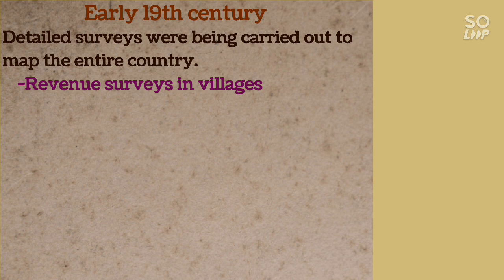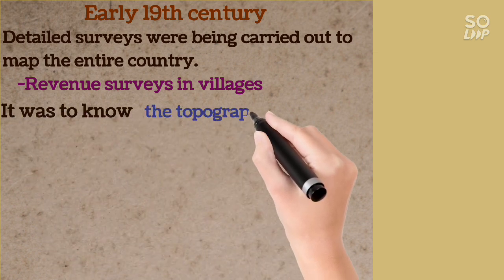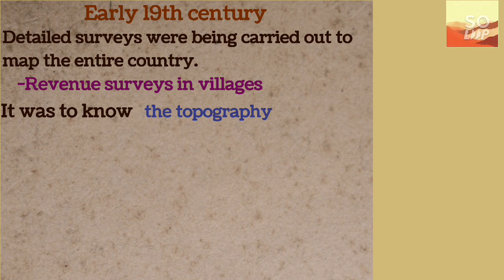Okay? And this survey was done to know many factors. First, the topography. The physical characteristics of land, especially the position of its rivers, mountains, so that the government could use or change the landscape wisely for future development. For example, to create drainage ditches, etc.